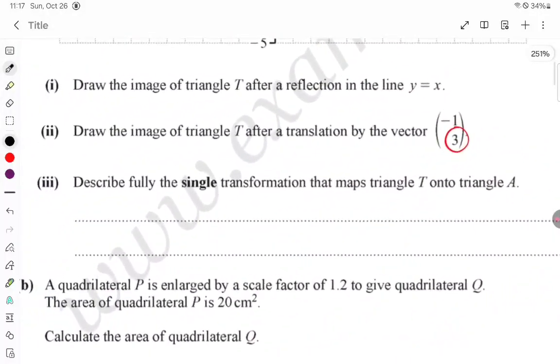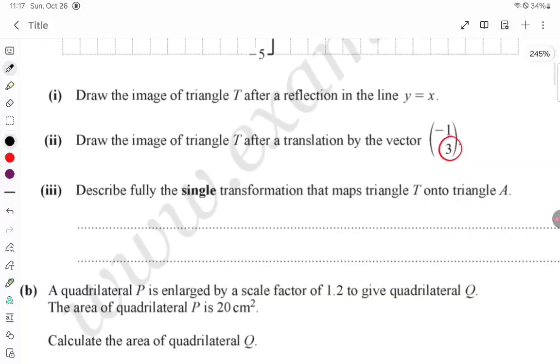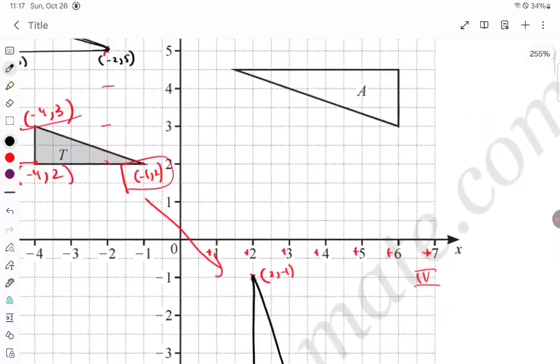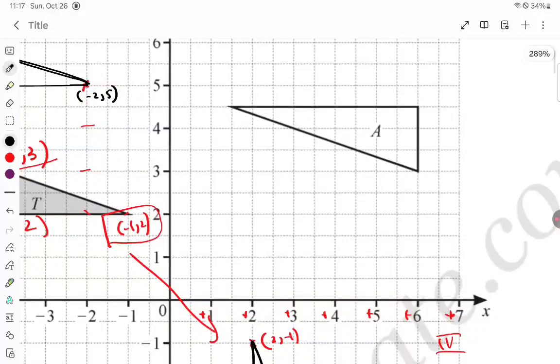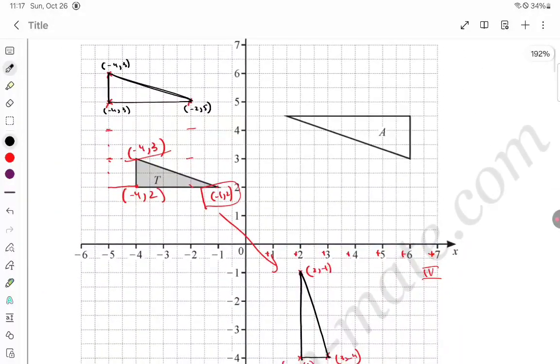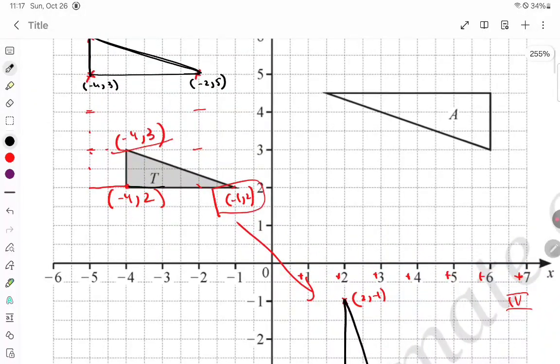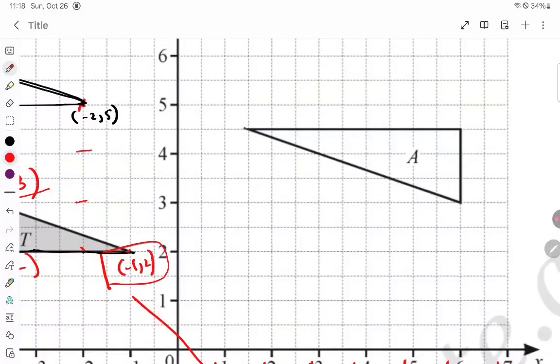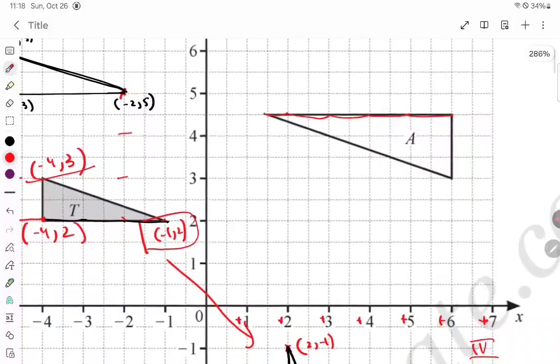Now describe fully the single transformation that maps triangle T onto triangle A. For that we have to calculate the enlargement of the triangle A. From the sides, this is 1 unit, 2 units, 3 units, and the size of this triangle is again 1 unit, 2 units, 3 units, 4 units, and 4.5 units.